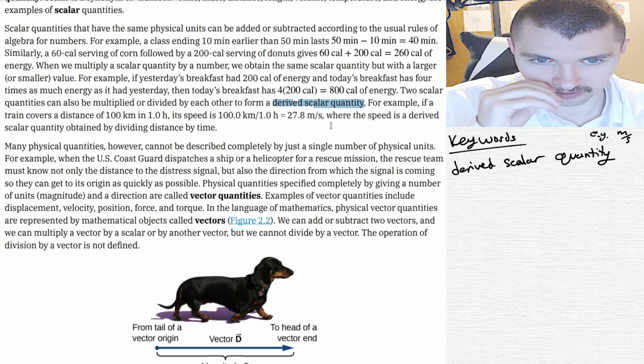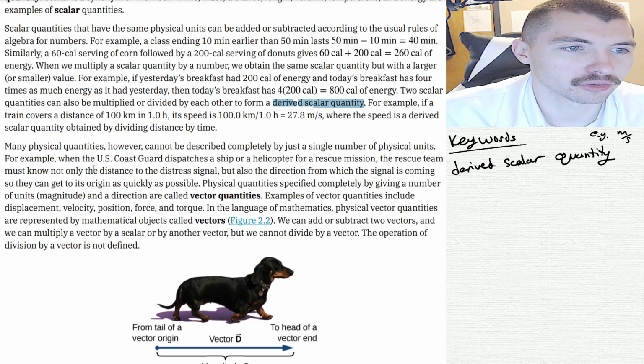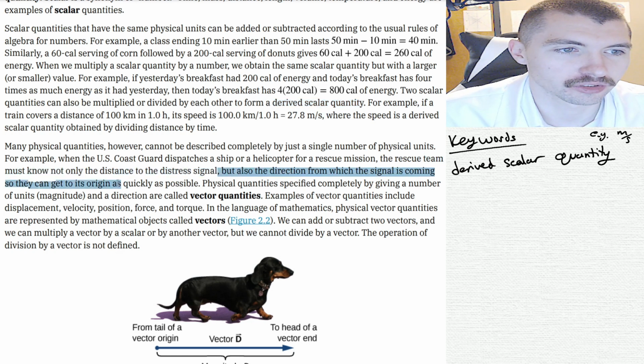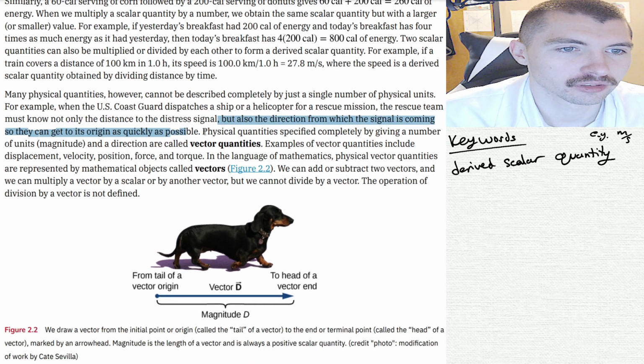So the rescue team must know not only the distance of the distress signal, but also the direction from which the signal is coming, so they can get to its origin as quickly as possible.